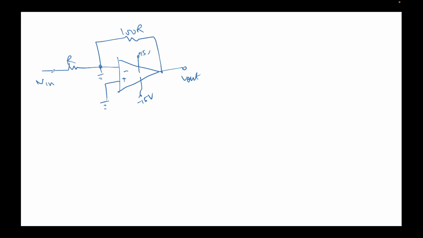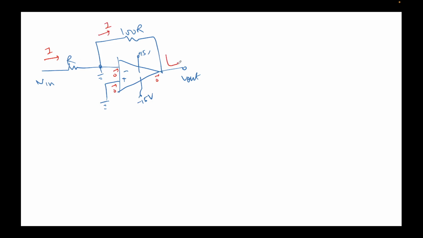Now let me change the color of my pen. Let's assume a current I is flowing here. No current is flowing here, no current is flowing here, and no current is flowing out here. So whatever current I is coming through, it cannot go here, so it has to come here.